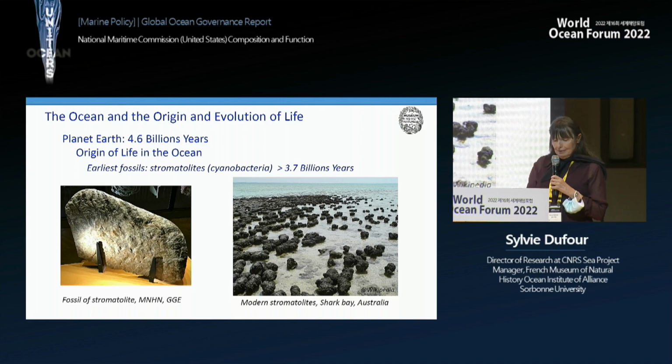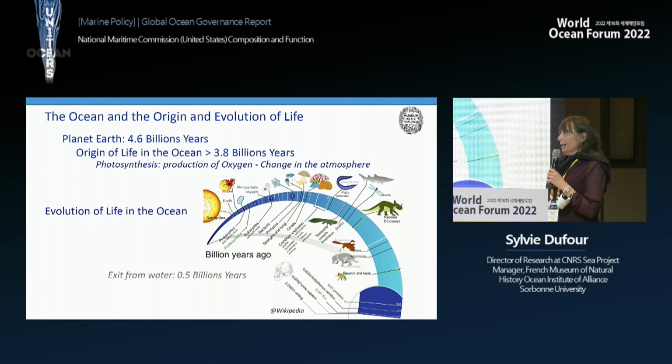And from this first life, not only did it originate in the ocean, but it mostly evolved in the ocean for billions of years. It's only 0.5 billion years ago that life came out of the ocean. And during all this period, life evolved in the ocean.